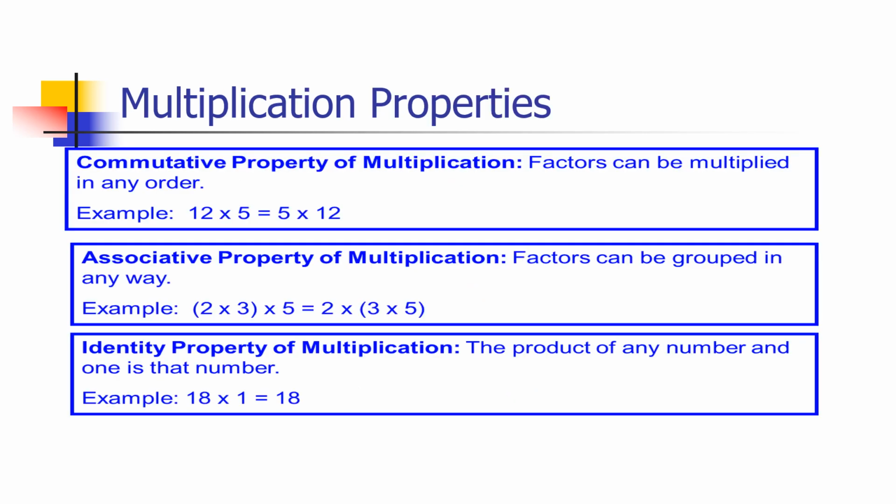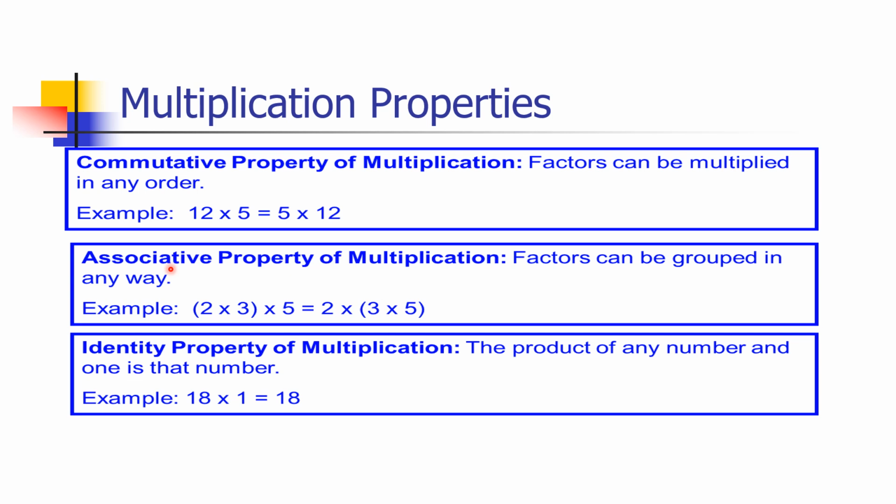Now let us discuss the properties of multiplication. For the commutative property of multiplication, factors can be multiplied in any order. For example, 12 times 5 is equal to 5 times 12. The result is still the same whenever you interchange the position.